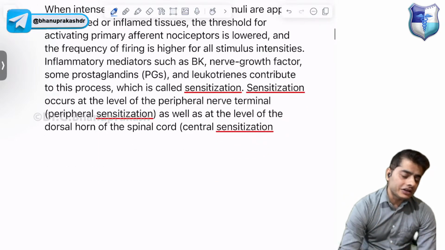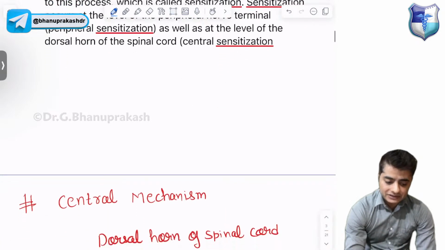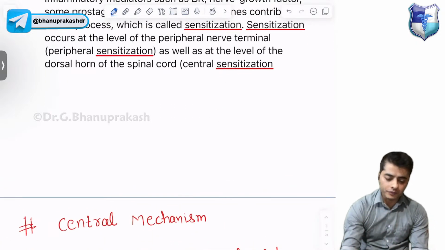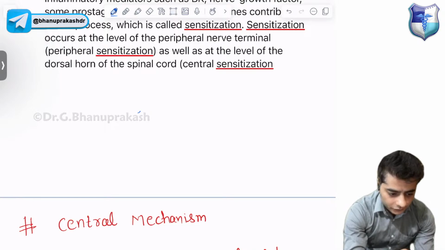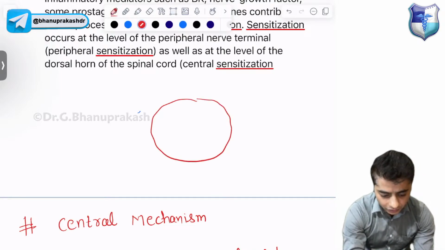It differs from central sensitization, how I will tell you. Now, we all know that central sensitization happens at the level of the dorsal horn of the spinal cord. Now, this is our spinal cord. Suppose this is our spinal cord.